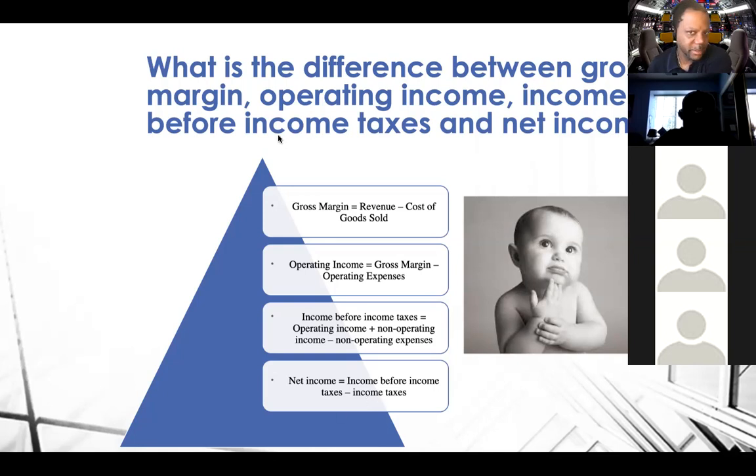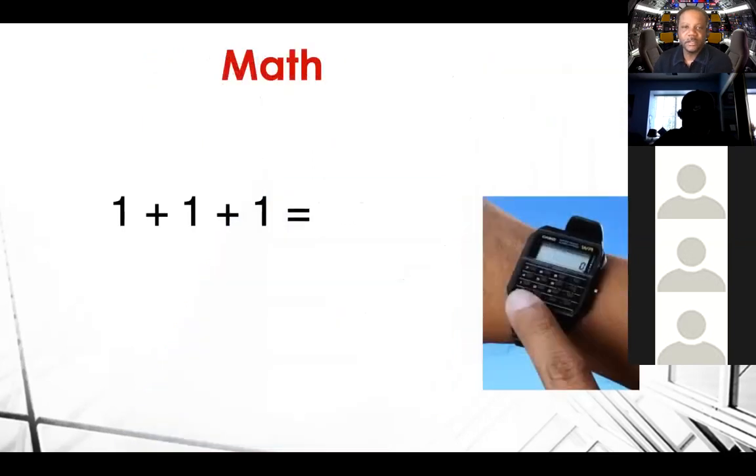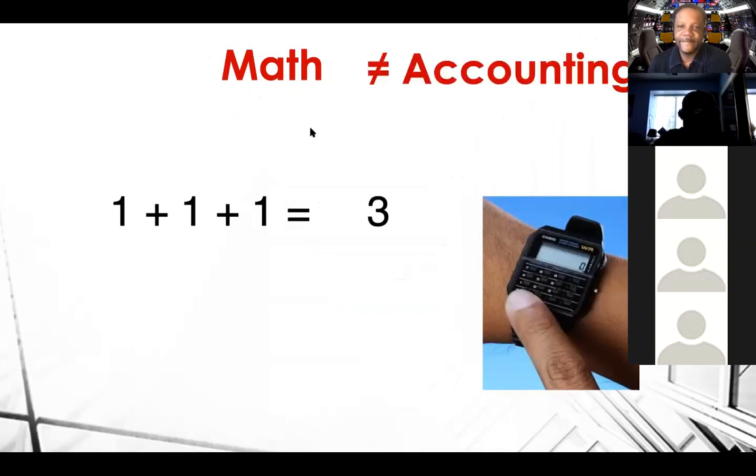All right, let me remind you of one more thing, and then I'm going to tear you guys loose to play. In math, what does 1 plus 1 plus 1 equal? 3. It does. Is this math? No. This is accounting.